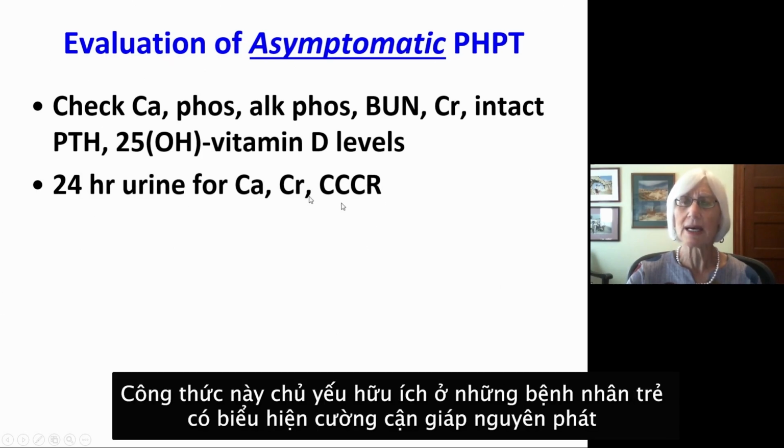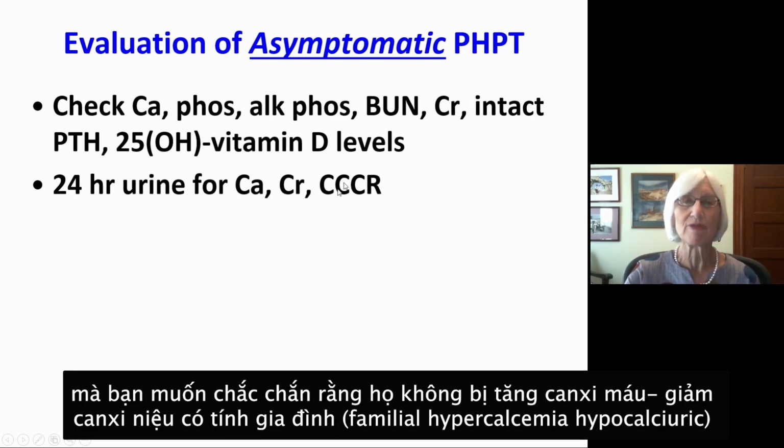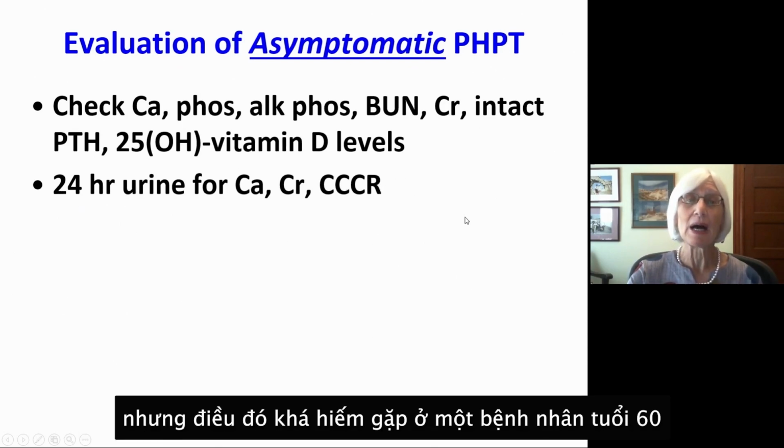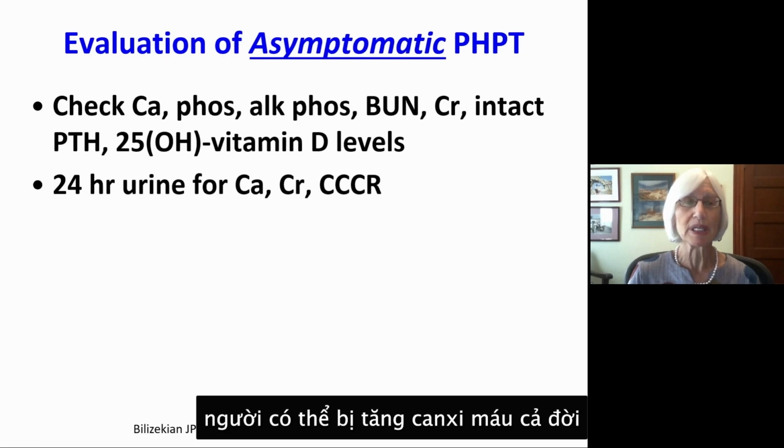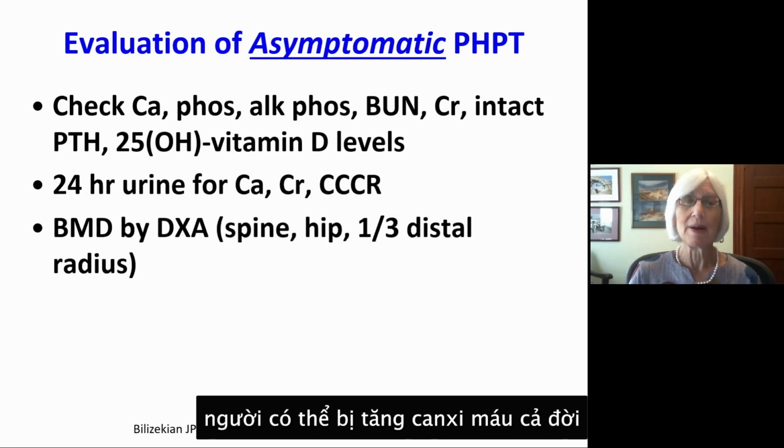This is mainly useful in young patients presenting with primary hyperpara, where you want to make sure they don't have familial hypocalciuric hypercalcemia, but that's pretty rare in a patient presenting at age 60 who would have been hypercalcemic her whole life.